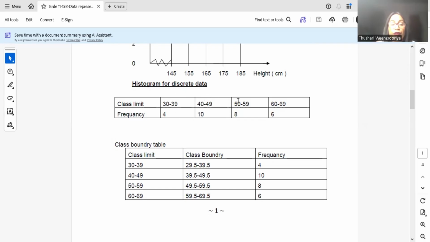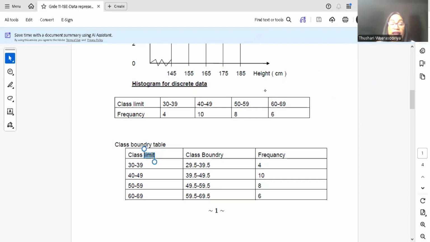So, if you draw by taking these values, you get a gap. There, 30 to 39, and then 40, there is a small gap here. You can't have gaps in a histogram.